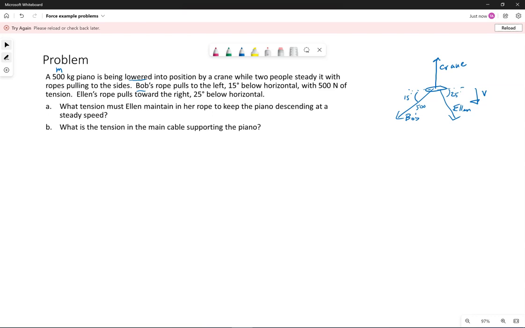So the first question: what tension must Ellen maintain in her rope to keep the piano descending at a steady speed? At a steady speed, so straight down at a steady speed, means the acceleration is 0. This is an example of what we would call dynamic equilibrium.